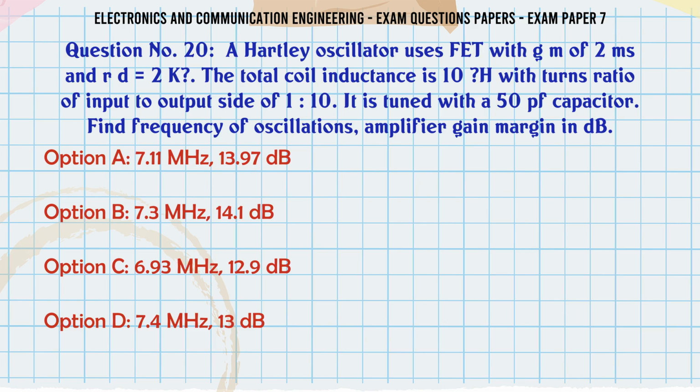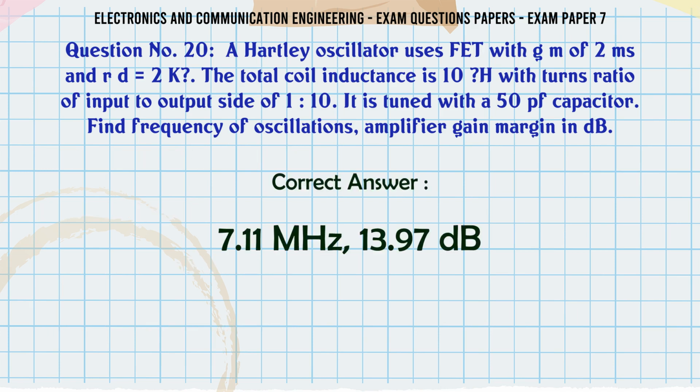A 7.11 MHz 13.97 dB, B 7.3 MHz 14.1 dB, C 6.93 MHz 12.9 dB, D 7.4 MHz 13 dB. The correct answer is 7.11 MHz 13.97 dB.